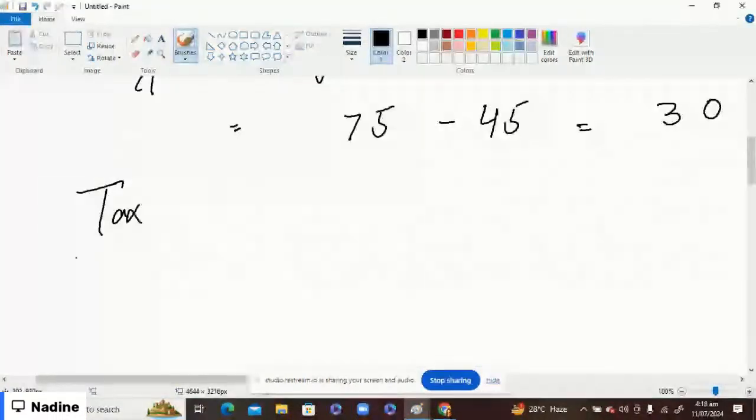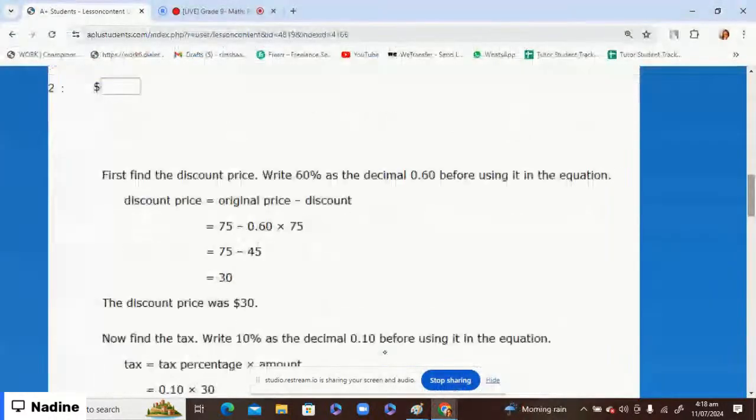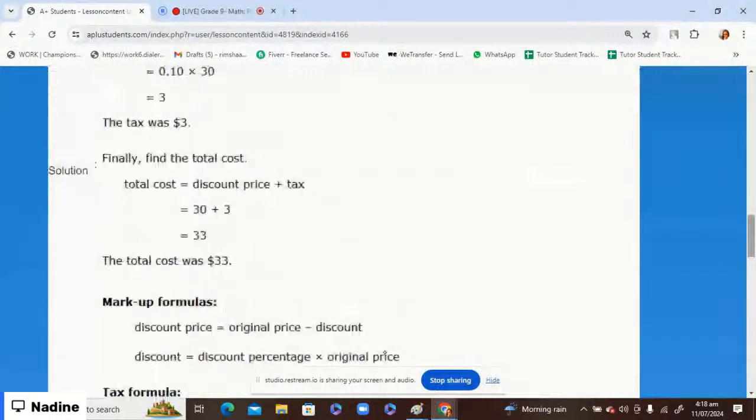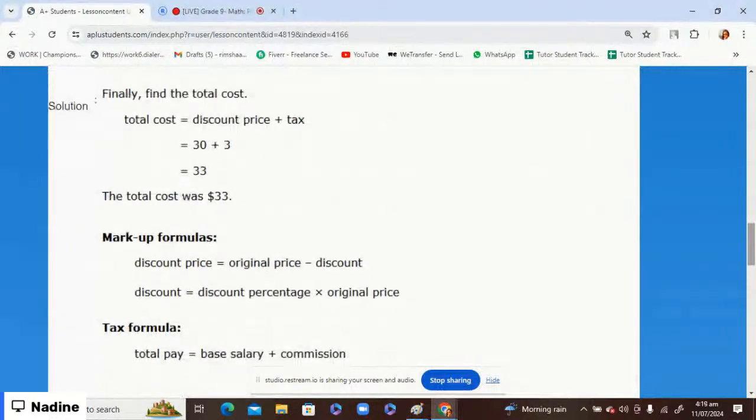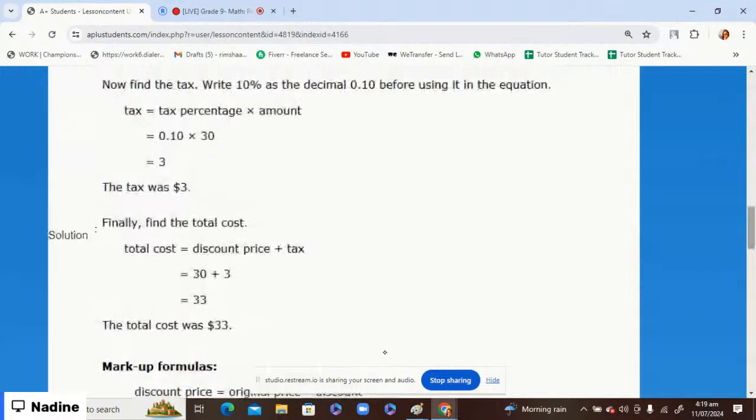How much is the tax? It's given in the question. So your total cost is basically discount price plus tax. First of all, find the tax, then find the total cost.